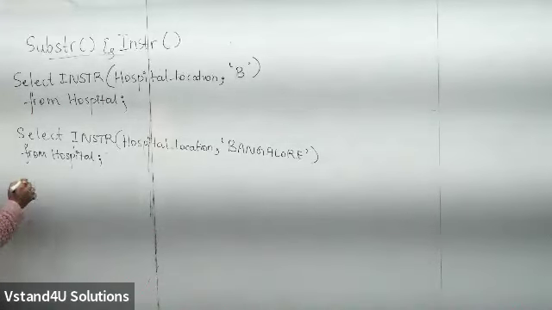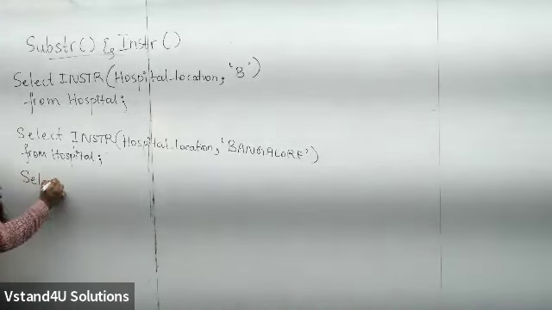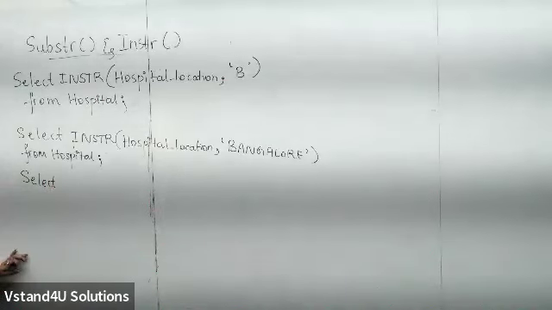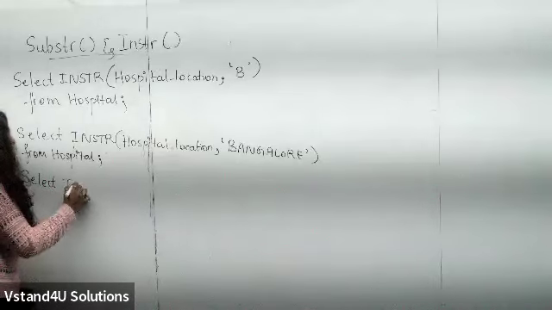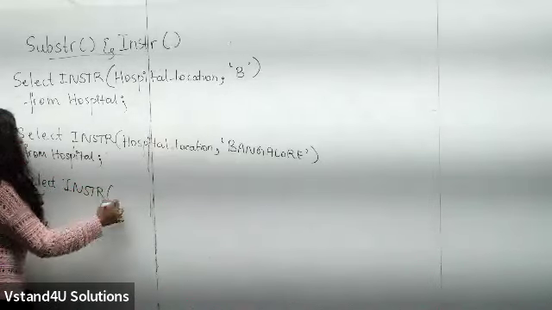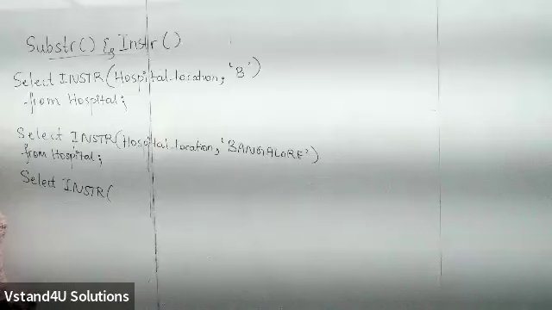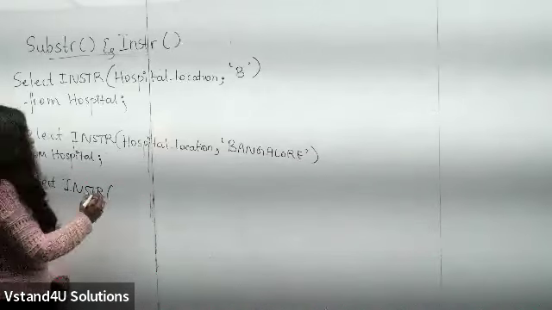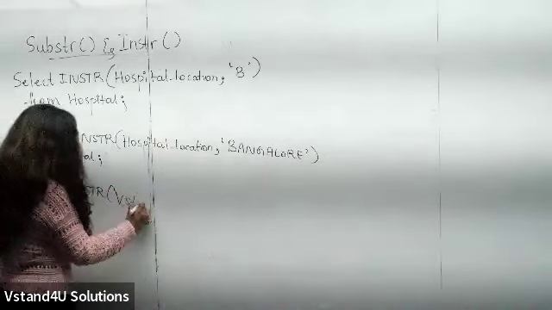How will you write? Again, select. See, if you have to get to know the position, obviously you will be using the instring function. So I will say select instring. What is the string given there? You don't have a column name here because the table is not present in your database. So now what do I have to take?